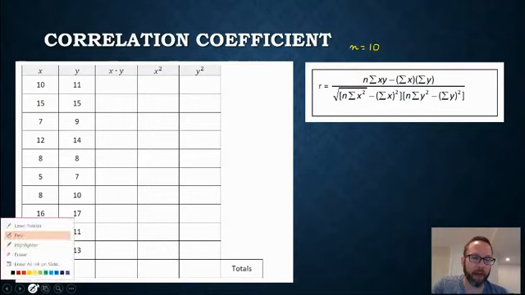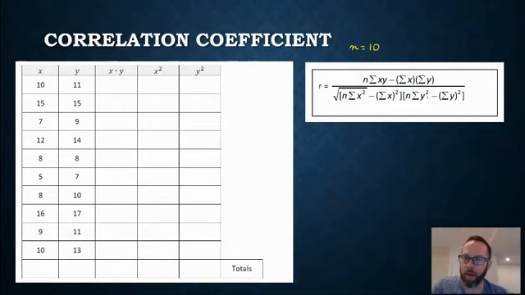You have to find the sum of the X values. That appears a couple times. You have to find the sum of the Y values. That appears a couple times. You have to find the sum of the x and y values multiplied together. You have to find the sum of the squares of the x values, and you have to find the sum of the squares of the y values.